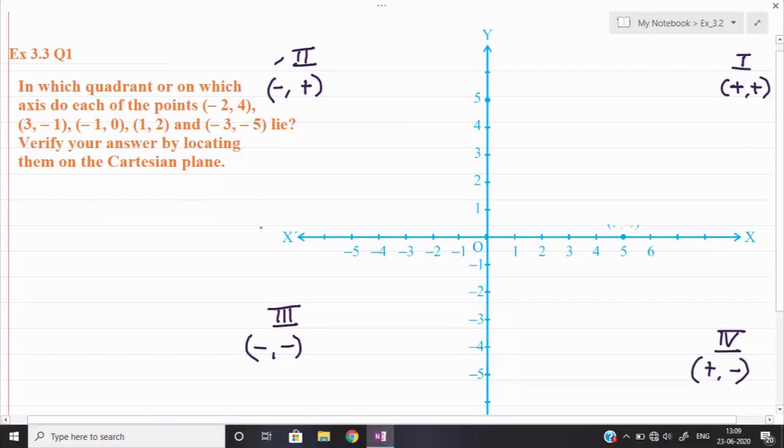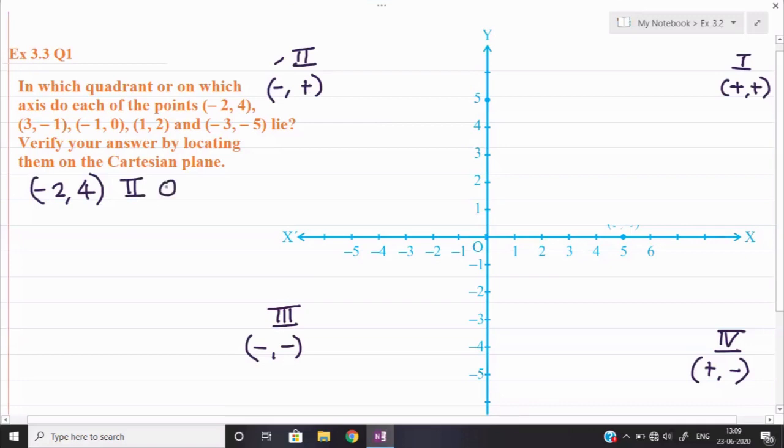Observe minus 2 comma 4. First is negative and the second one is positive, so I can say that it lies onto the second quadrant.